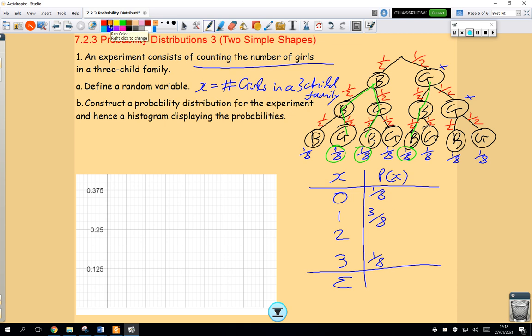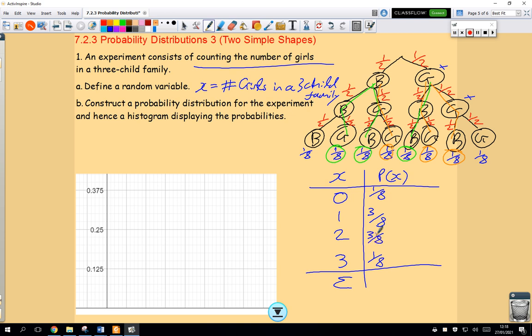I look at exactly 2 girls. So exactly 2 girls, well, it could be boy, girl, girl, or girl, boy, girl, or girl, girl, boy. Again, 1/8 plus 1/8 plus 1/8. That's 3/8.